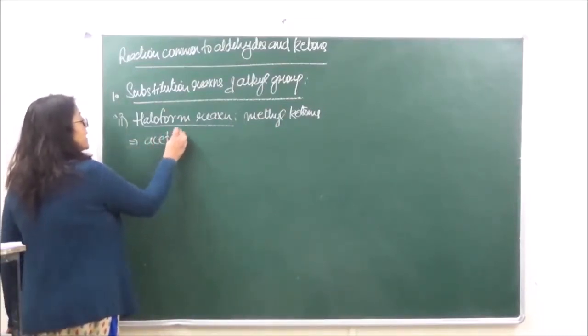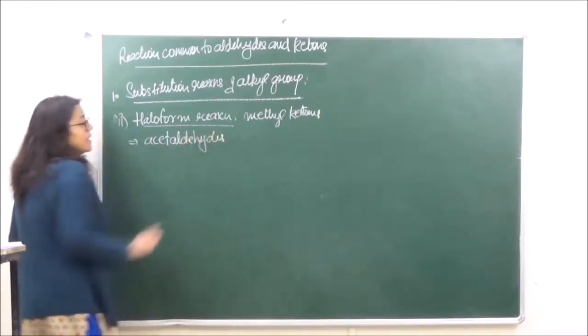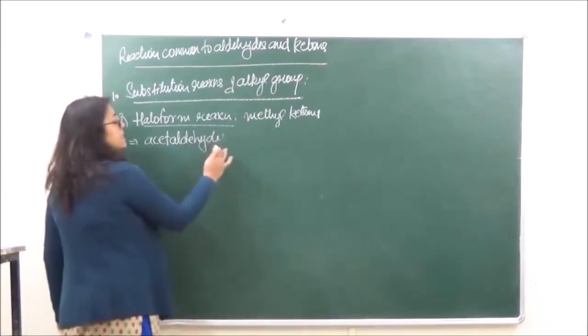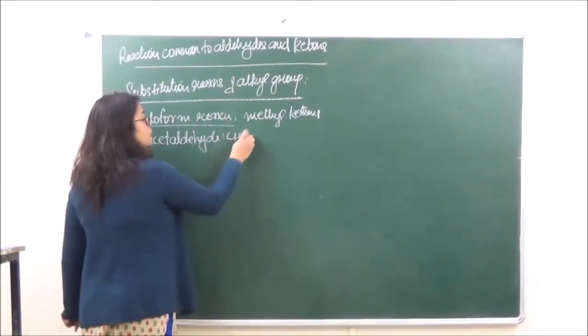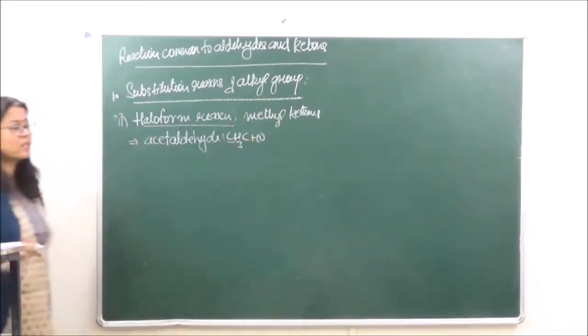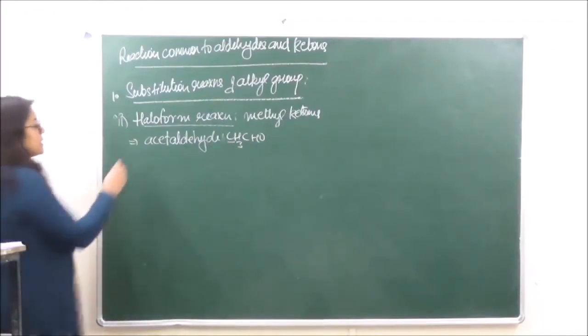This is also taken as a test for methyl ketones. Apart from methyl ketones, acetaldehyde, that is CH3CHO. As you can see there is a CH3 group attached to the carbonyl carbon atom. So acetaldehyde gives this test.